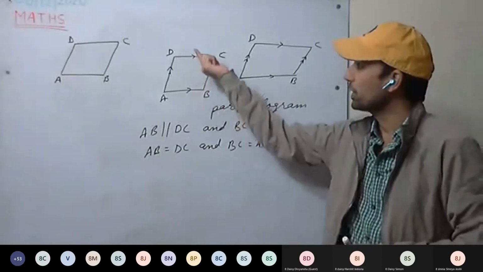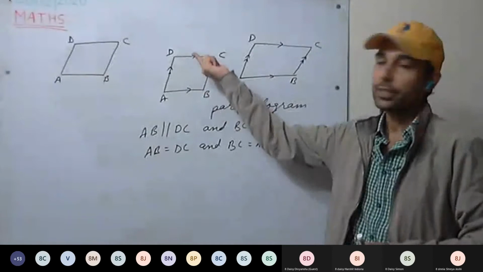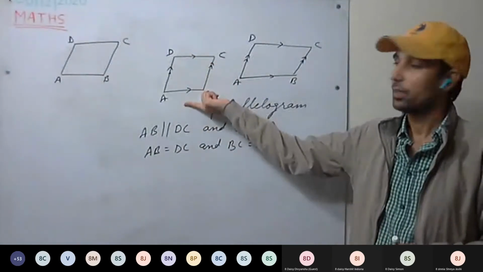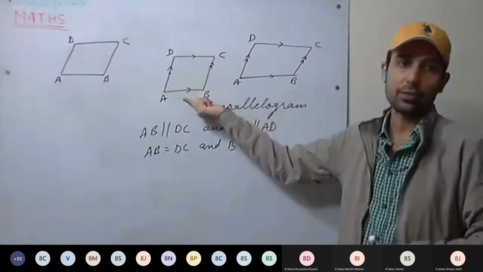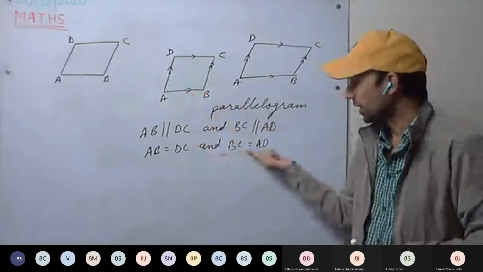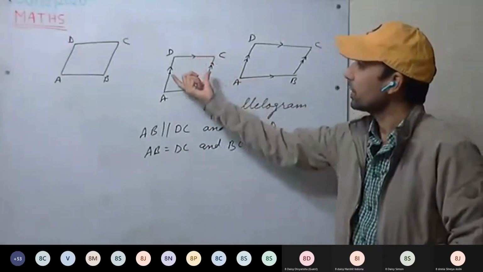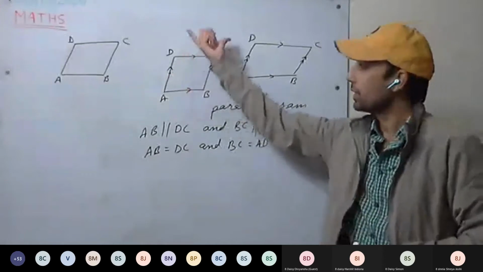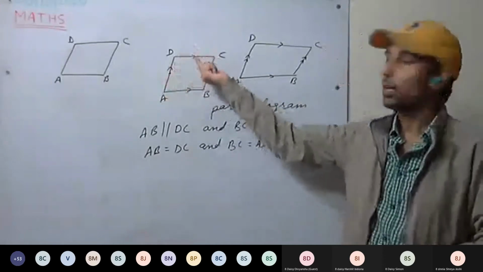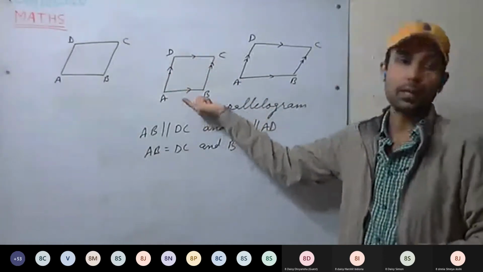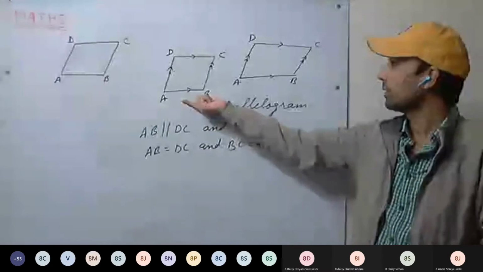Now see here, if opposite sides are parallel, then opposite sides will be equal as well. If opposite sides are equal, these sides are equal, these sides are equal, that means the opposite sides will be parallel as well. This is clear?